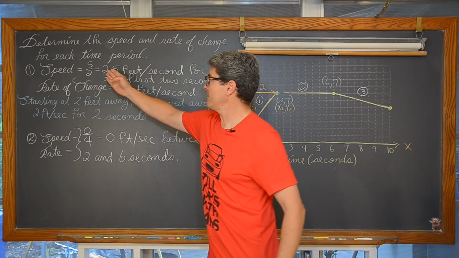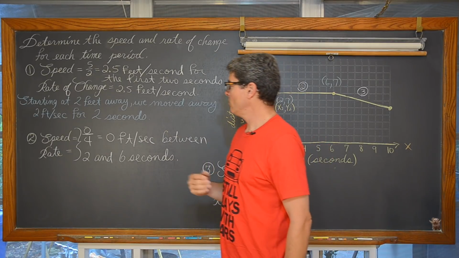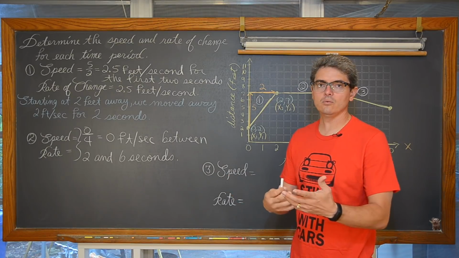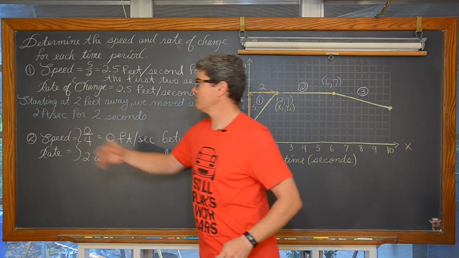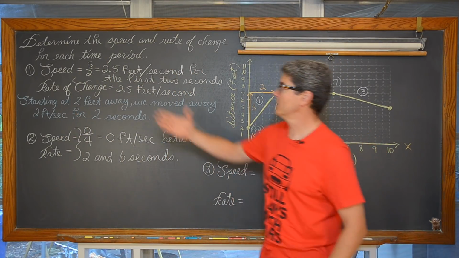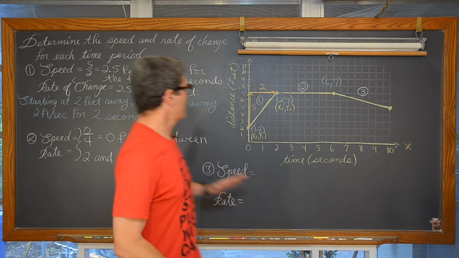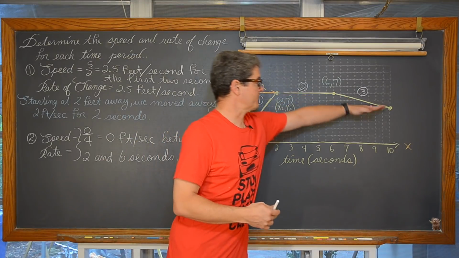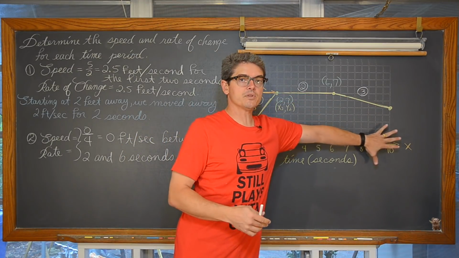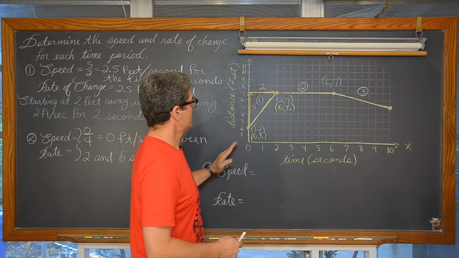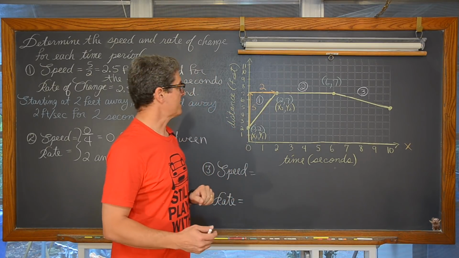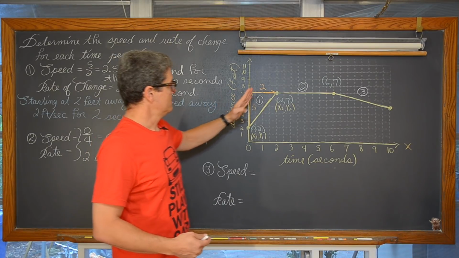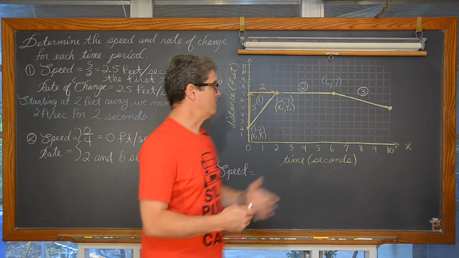So if speed is coming out to be a positive value, then the rate is going to be the same thing. When are you traveling at a certain speed, or have a certain rate of change? Because our rate of change, and our speed, is changing through the different time periods of this graph. We're not constantly going 2.5 feet per second. We're not constantly, forever along this graph, not moving at all, or having a speed which is 0.